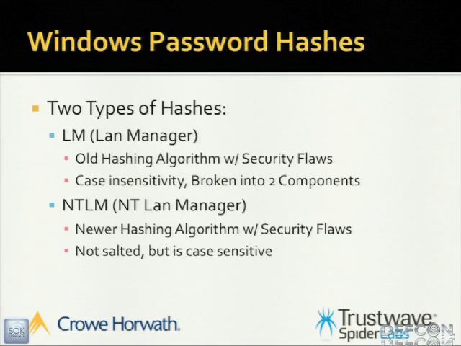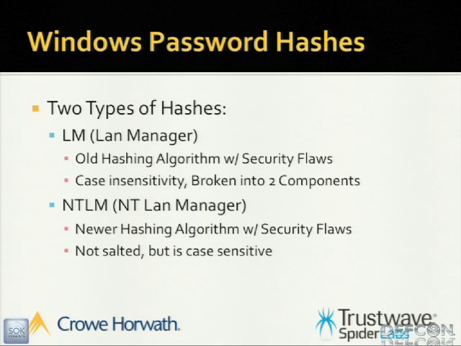So Microsoft said, all right, we need to beef up security a little, so we'll create NTLM. This lets you have a password of 128 characters, so they increased the length dramatically. They also said we should probably keep the case, so now whatever you type in is how your password is hashed, with the case. The issue with both of these, though, is that they're not salted.